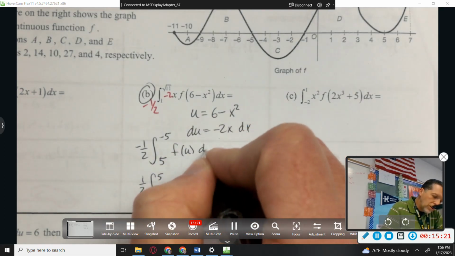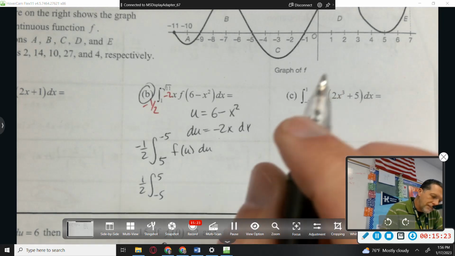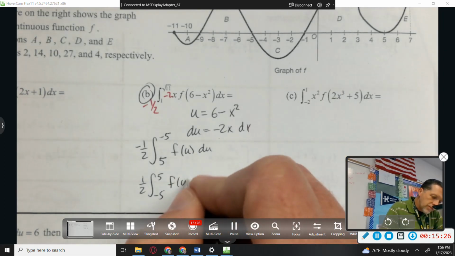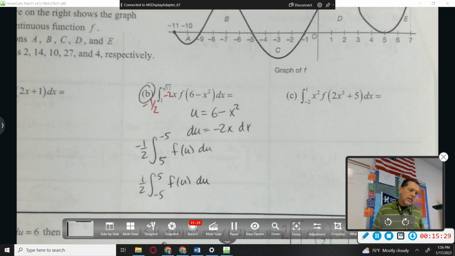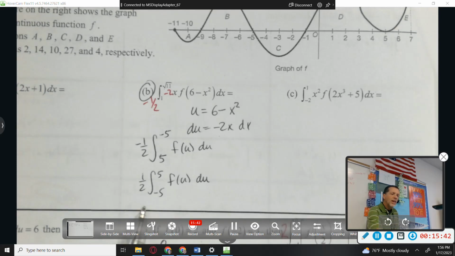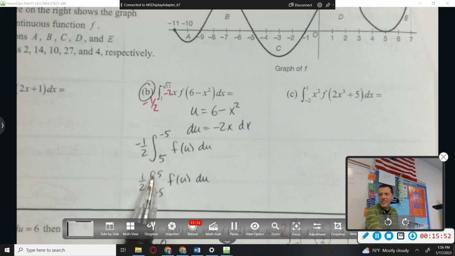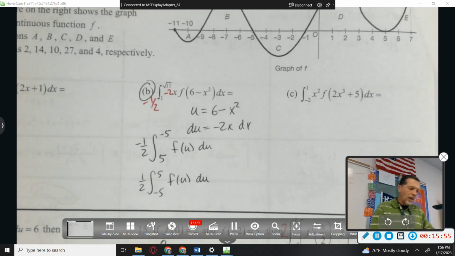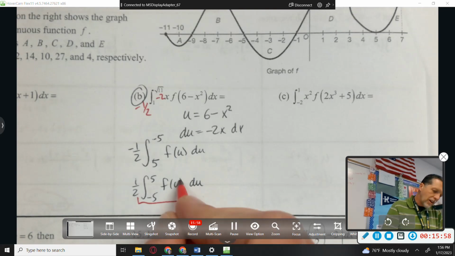f of u du. Uh-oh, I don't have any values. It says graph of f. I mean, I got a graph of f, but I don't have any values. What? We've got some areas. Oh! Take that as a light bulb going off, because area, antiderivative is the same thing as area. So this means area from -5 to 5 under f of u.